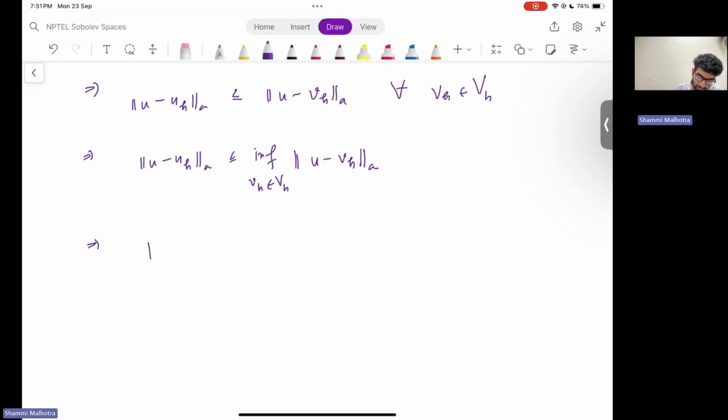Thus we have the norm of u minus u_h in A is nothing but the infimum over v_h belongs to V_h of u minus v_h. So the solution we are getting is actually the best solution we can have in the finite dimensional space, and this proves the optimality of this numerical method.